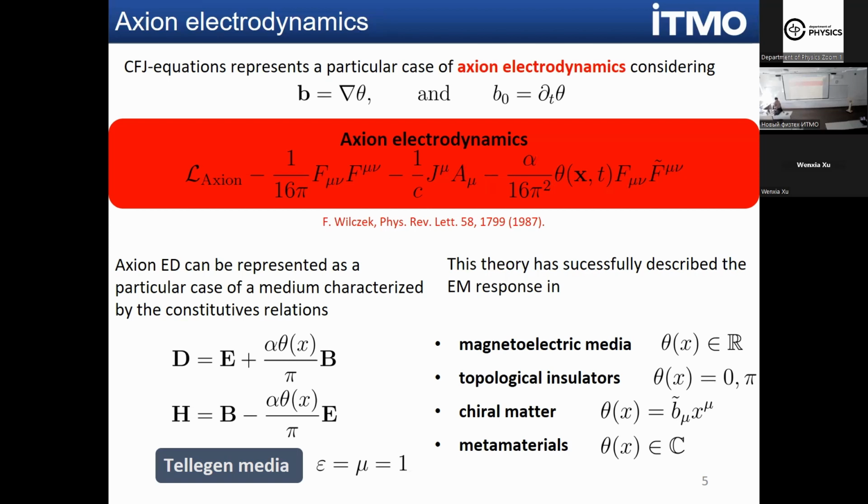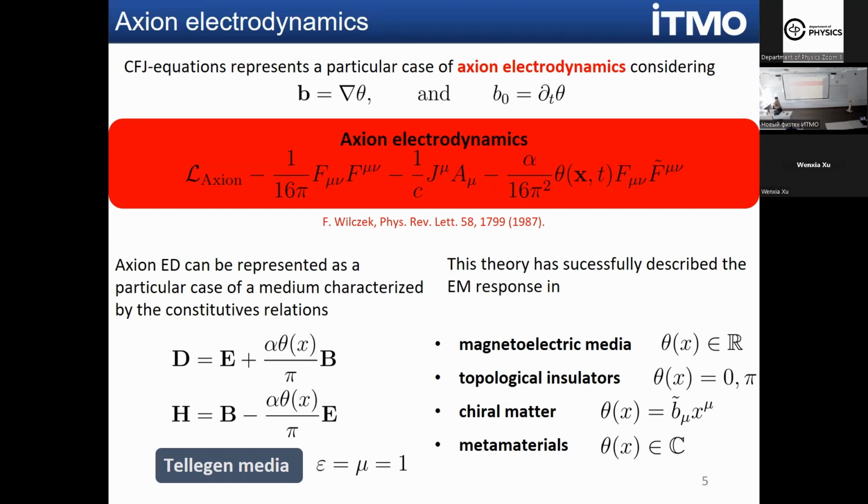This model, or the axions, were proposed to solve the strong CP problem in quantum chromodynamics, but generalized axion theories can have couplings to photons and enable emergent electromagnetic response in axion matter. This is from the particle physics side.